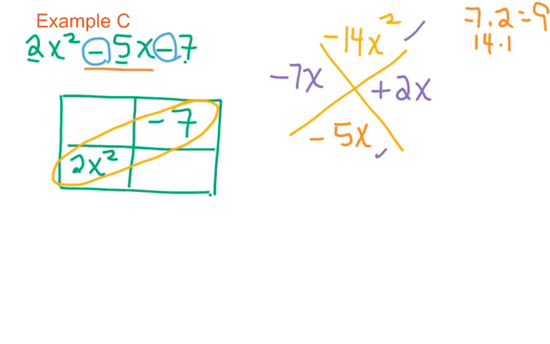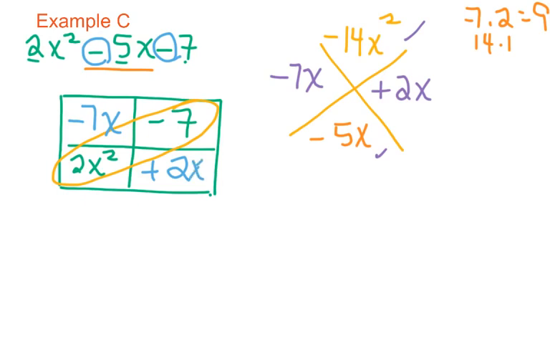Again, this time I'm going to carefully place, looking for GCFs and where I can place both of those terms. I've already got a negative 7 in my rectangle, so I'm going to put a negative 7x in the upper left-hand corner, and positive 2x down in the lower right-hand corner.